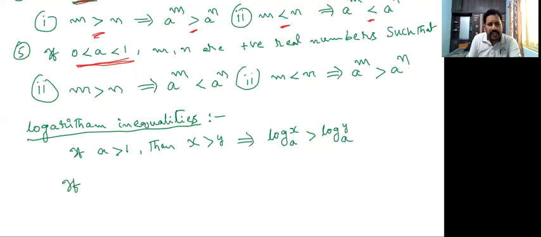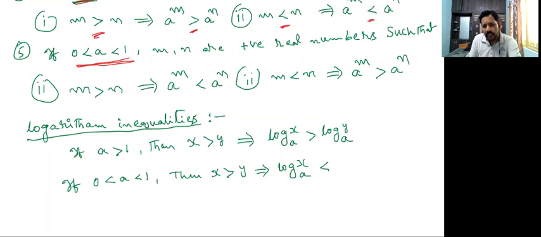If a is greater than 1, and x is greater than y, apply the logarithm and you will get the same symbol. If a value lies between 0 and 1, and x is greater than y, then apply the logarithm on both sides: greater than is going to change to less than.